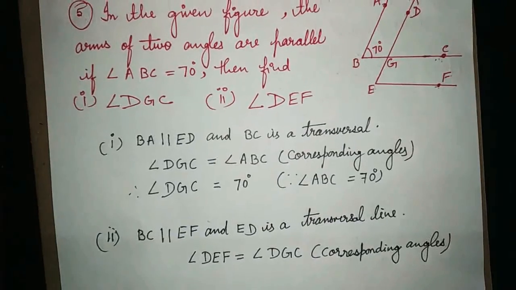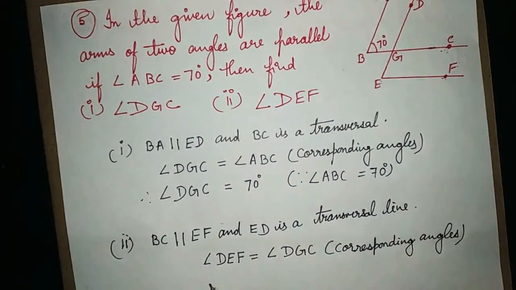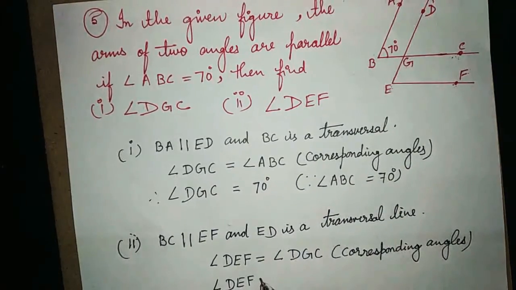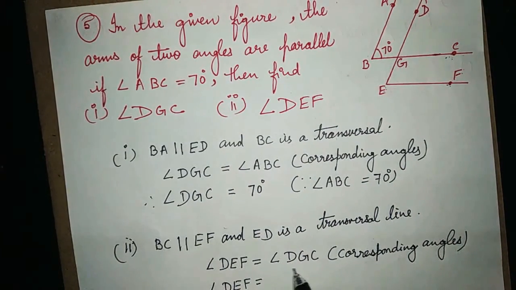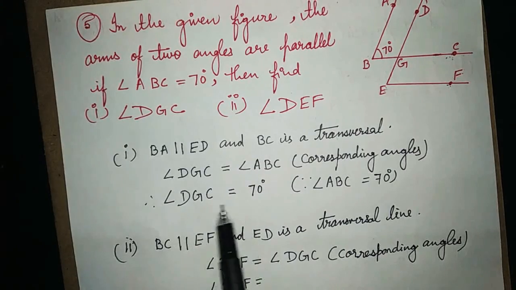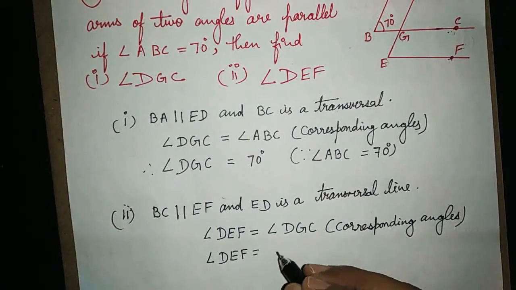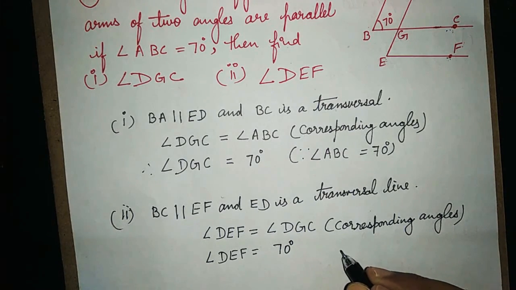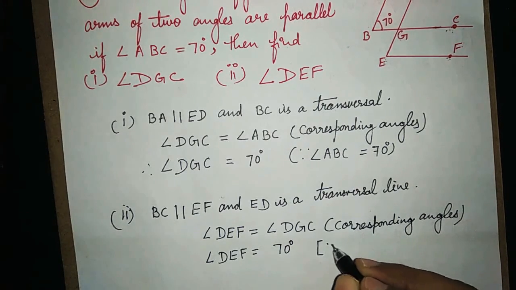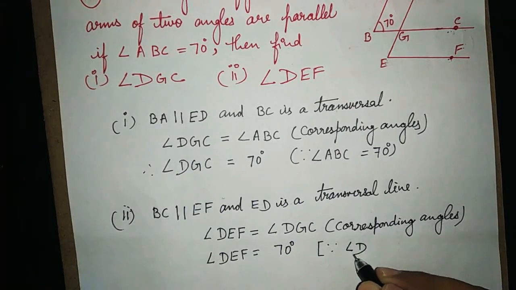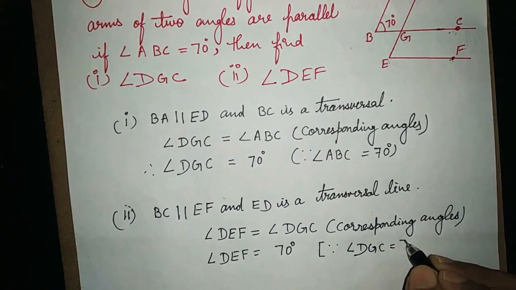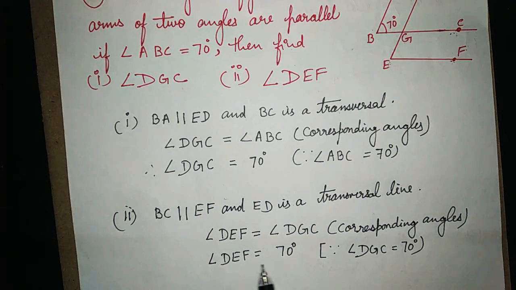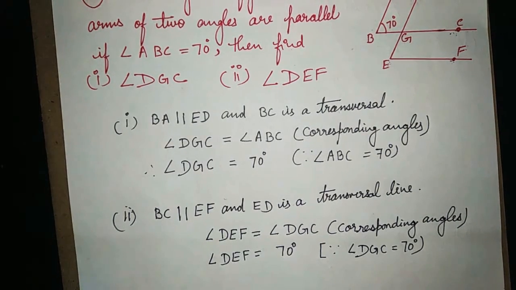Okay, so here angle DEF is equals to angle DGC. Here DGC we have calculated. Okay, so here in place of DGC we will write 70 degree. Okay, since angle DGC is equals to 70 degree, therefore measure of angle DEF is 70 degree.